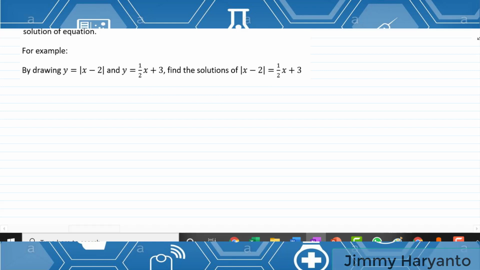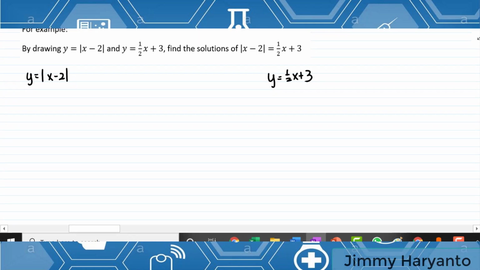So we have to draw both equations. The first is y equals the absolute value of x minus 2, and the second one is y equals half x plus 3. For this one, y equals half x plus 3, it will be easy because it's y equals mx plus c.